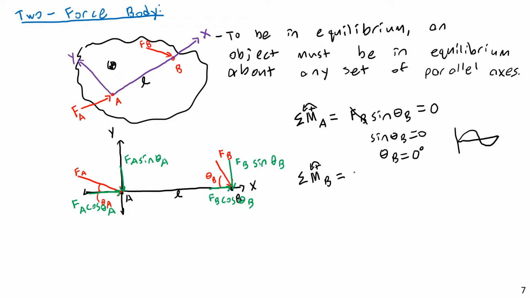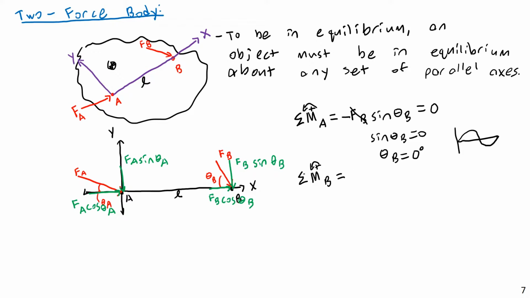If I was to be technical, I probably should have put a negative on there, because this was about point A, that was a clockwise and a negative moment, although that just cancels out with the Fb there.